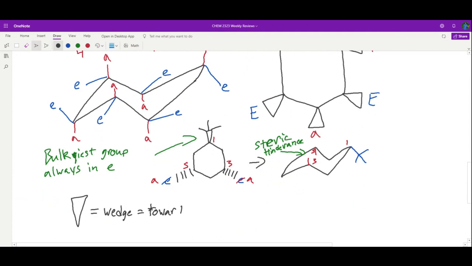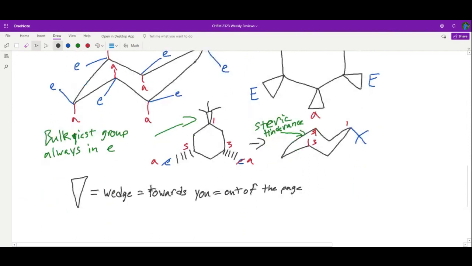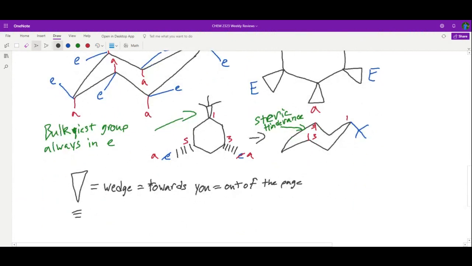It can mean towards you or out of the page. You have a dash. This is a dash. This means away from you, and it means into the page.